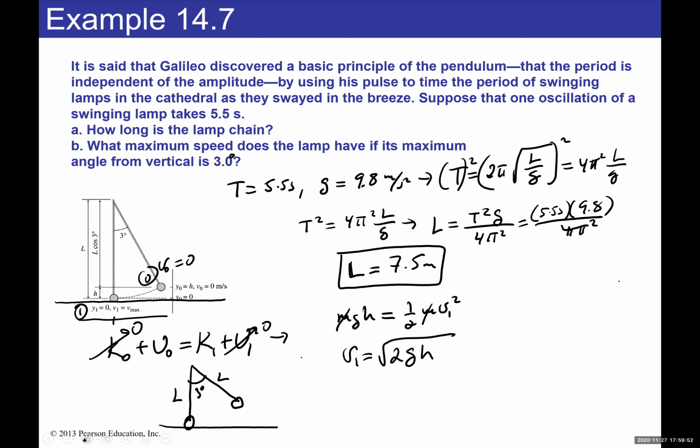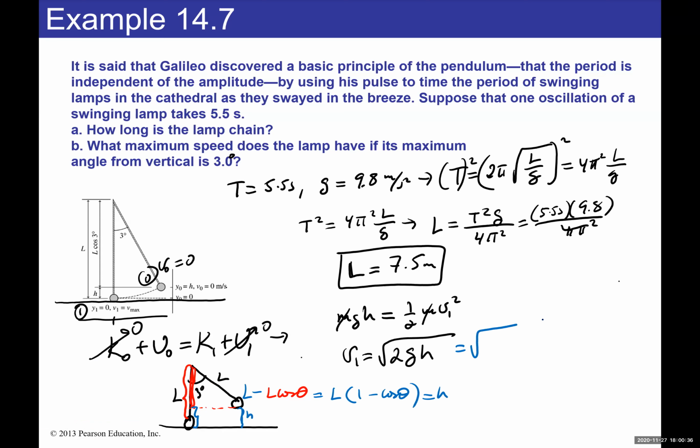I know that this is the length of the string, and when the system has been displaced by 3 degrees, its projection here is L cosine theta. Because L is the hypotenuse, theta is 3 degrees, so this portion is the adjacent side of the triangle, which is L cosine theta. That means I can solve for this portion by doing L minus L cosine theta, which is L times 1 minus cosine theta. And this exactly equals my h, because this is basically my height.